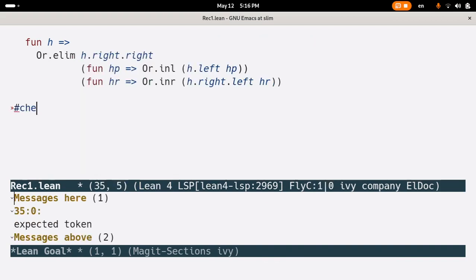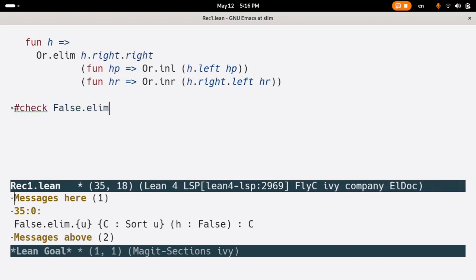So the proposition false cannot be introduced, but it can be eliminated. If you look at the elimination rule, false.elim produces a C where C is whatever you want, but you need a proof of false.